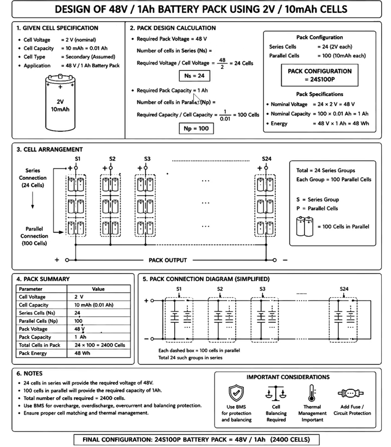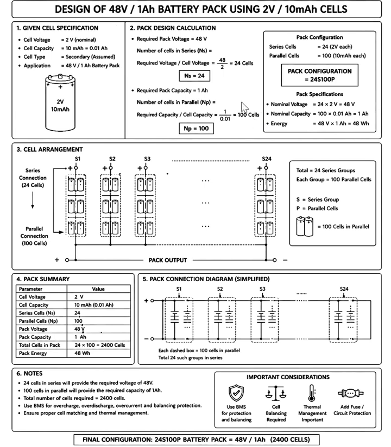Then for current capacity, we require 1 ampere hour. So the number of cells to be connected in parallel is the required capacity, 1 ampere hour, divided by the cell capacity. The cell capacity is 10 milliampere hour, which is 0.01 ampere hour. So 1 divided by 0.01 gives 100 cells to be connected in parallel.